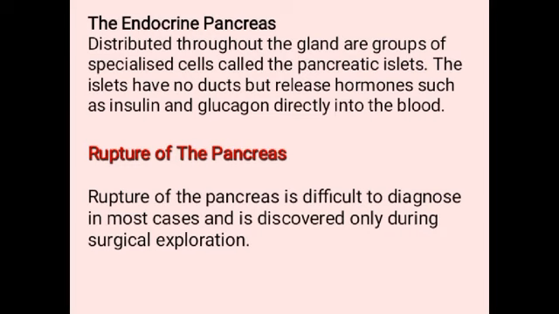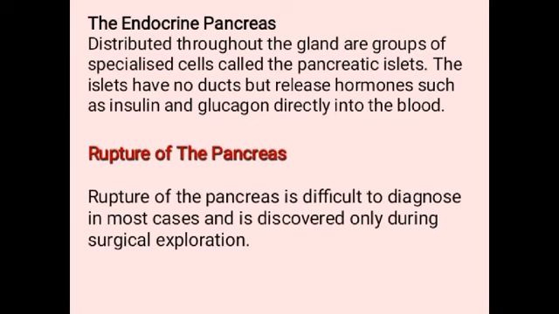So one of the disorders that we are going to talk about today, which affects the pancreas, is the rupture of the pancreas. Rupture of the pancreas, in this case, may sometimes be difficult to discover, especially if it is not severe enough to produce signs and symptoms.